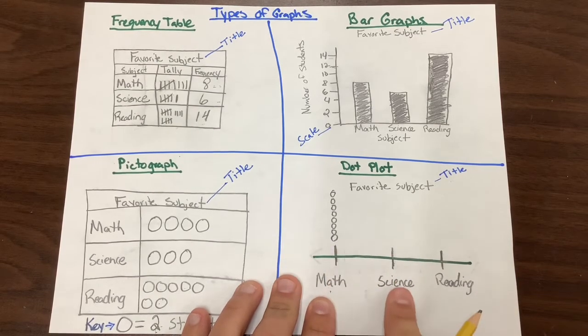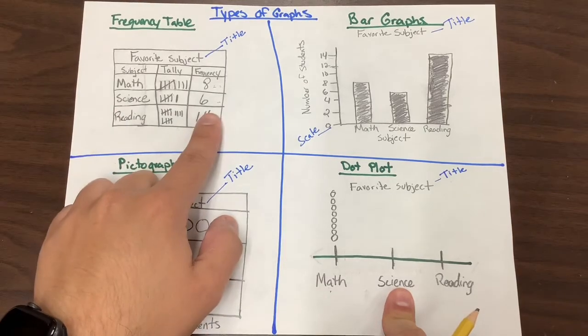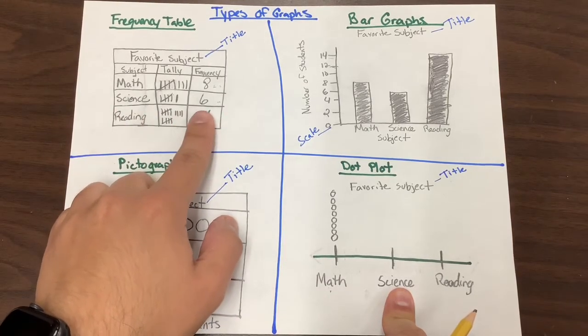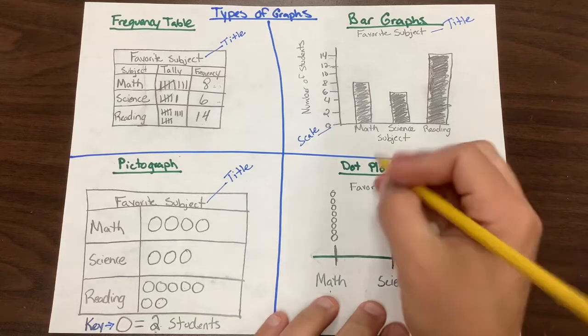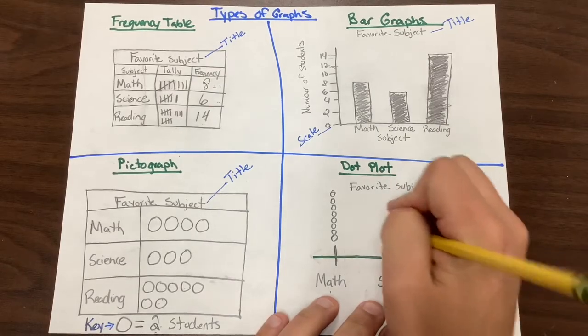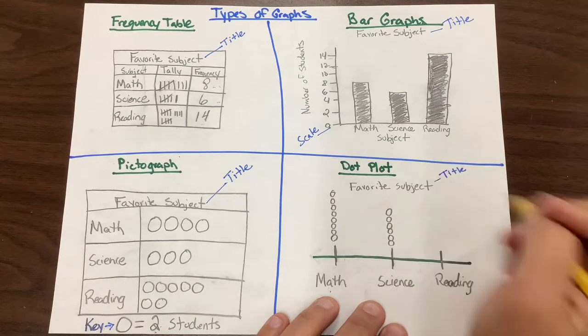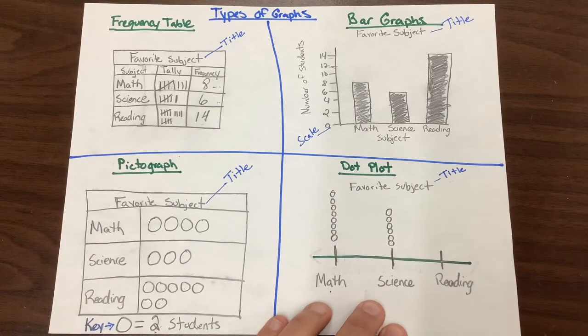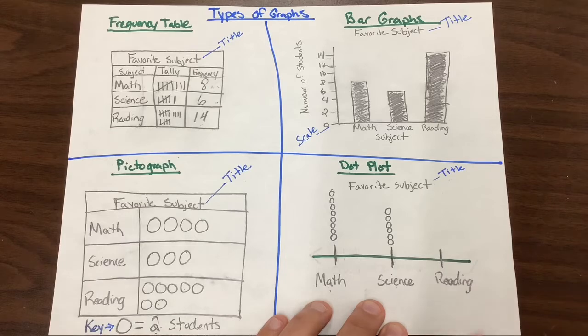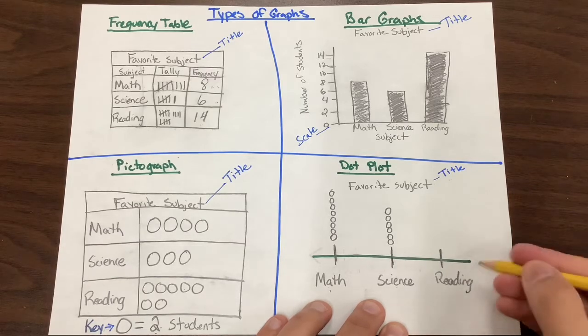8 dots. What about science? How many students chose science? 6. So we're going to put 6 dots. 3, 4, 5, 6 dots in science. And this last one, reading.